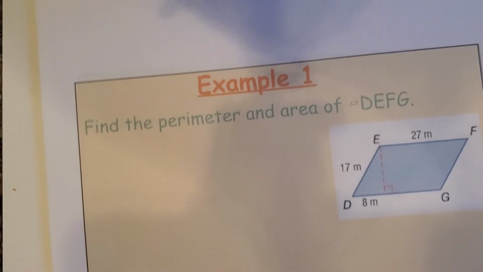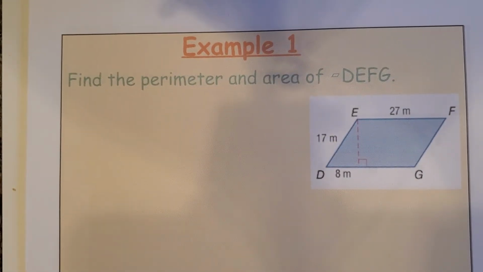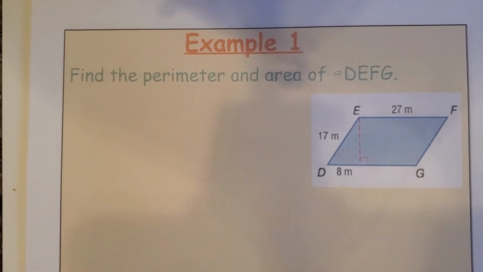Of course, though, I wouldn't make it that simple for example 1. Perimeter, I think, is a lot easier. It's, again, the sum of all four sides. But what I hope you guys didn't forget specifically about parallelograms is that opposite sides are congruent.